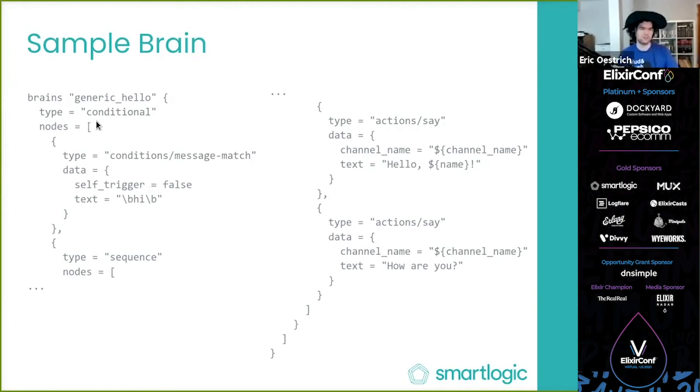The conditional selector will keep running its children in order as long as the subnodes are passing. So for this, if someone says hi to this character with this brain, the condition here will match and still be true. Then we'll start to evaluate the sequence. Sequences always run all of their nodes in order, regardless of if they pass or not. So if this one matches, we'll then evaluate the sequence, which then says, hello, Eric, how are you?